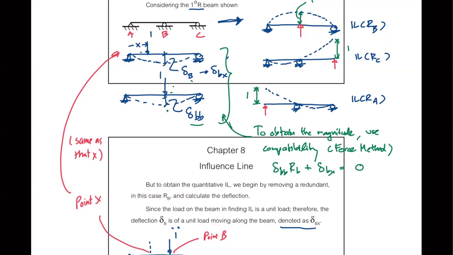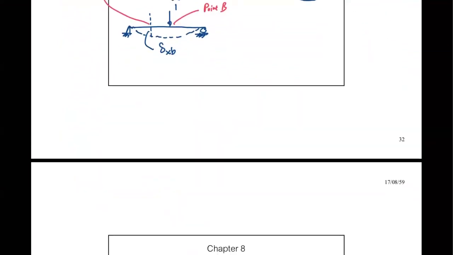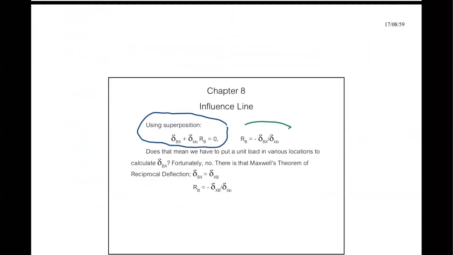So that means my RB is simply minus delta BX over delta BB, which is right here in the notes as well. RB would have to be minus delta BX over delta BB.